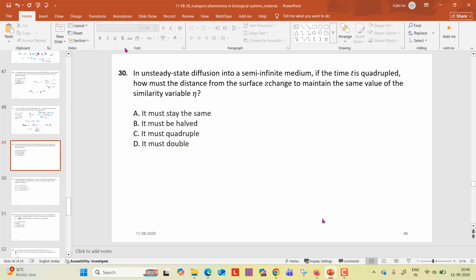In unsteady state diffusion into a semi-infinite medium, if the time t is quadrupled, how must the distance from the surface Z change to maintain the same value of the similarity variable eta? So eta is Z by root under 4Dt. If time is quadrupled, that means time is 4t.